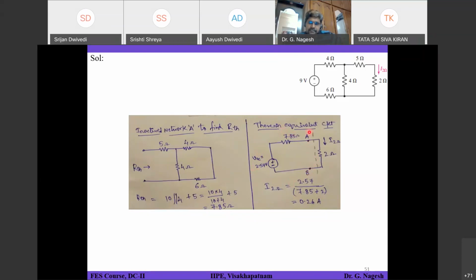The Thevenin equivalent circuit simply consists of a voltage source in series with some resistance. That resistance is called RTH, the Thevenin equivalent resistance, and this voltage source is called the Thevenin equivalent voltage. How you have to find them, we have already seen. So VTH in series with RTH, on the left of this dotted line, is the Thevenin equivalent circuit.